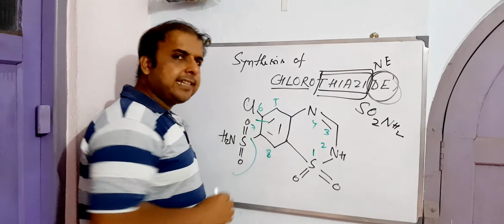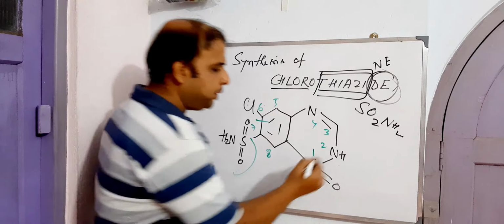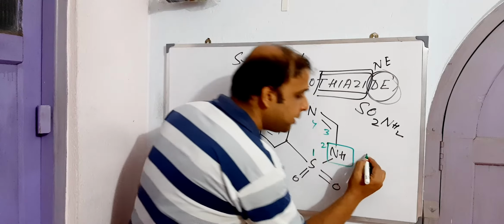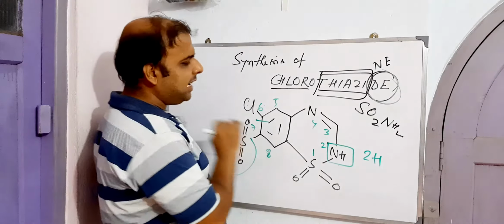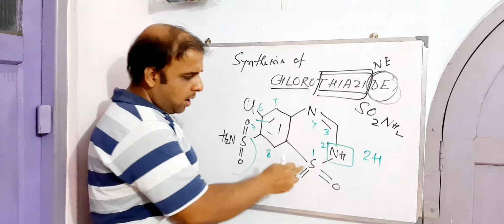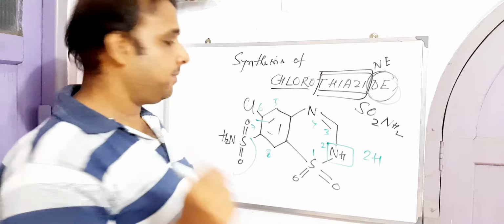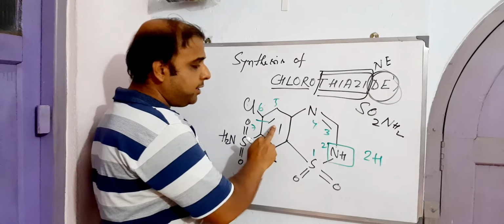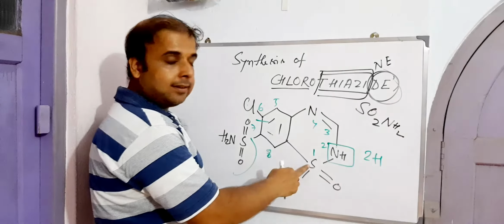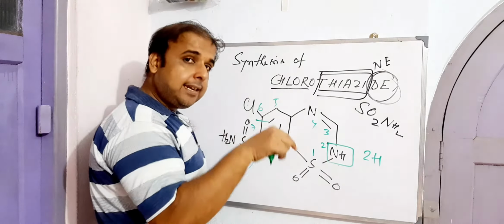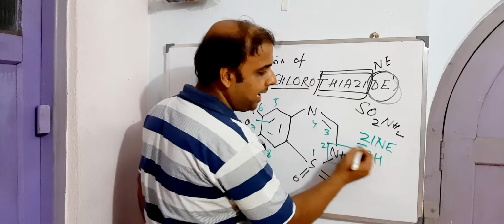We'll start with 6-chloro. Then at position 2 we have an NH, so 2H we should put. And this is basically benzo-1,2,4-thiadiazine, with the Z-I-N-E ending.